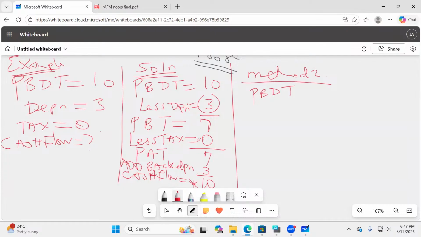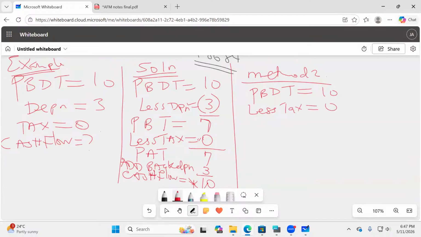Tax, which is what here? 10. And then what you will do immediately is to less tax. No, don't subtract depreciation, never. You less tax directly on this figure. It would be 30% of this, but here we know it is 0.